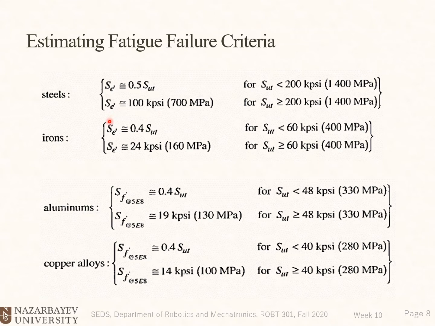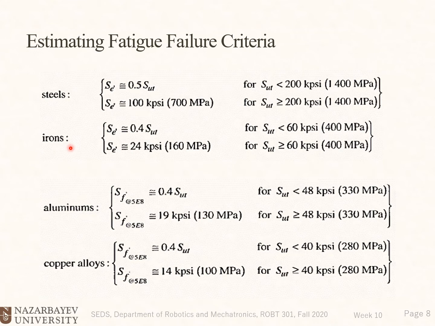And this is when the ultimate tensile strength is less than 200 kilo psi or pound per square inch, or 1400 megapascal. When the ultimate tensile strength is more than that, we could say that the uncorrected estimated endurance fatigue strength is equal to 100 kilo psi.